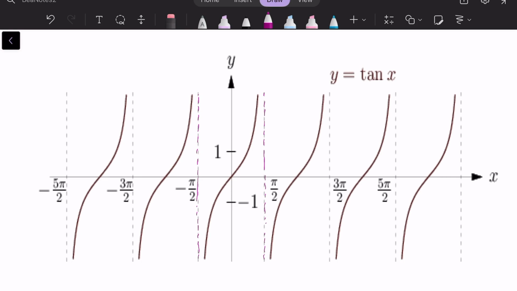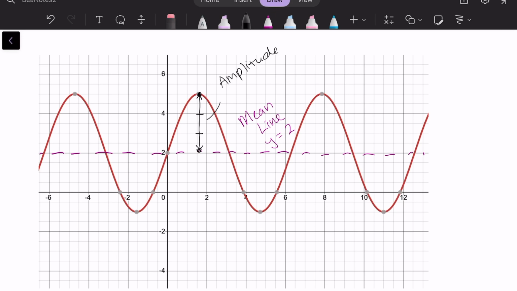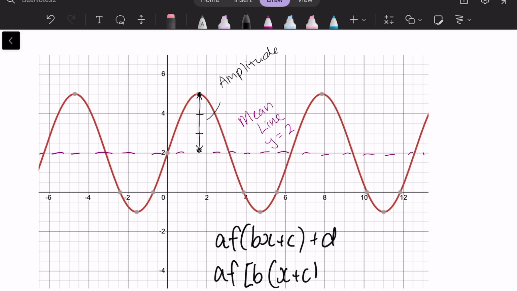Now, initially we said that our aim was to associate each letter A, B, C, and D to a particular feature of the graph, right? So I'm going to go back up now and try and do exactly that. We mentioned before that the general equations were A f(bx + c) + d, or A f(b(x + c)) + d.